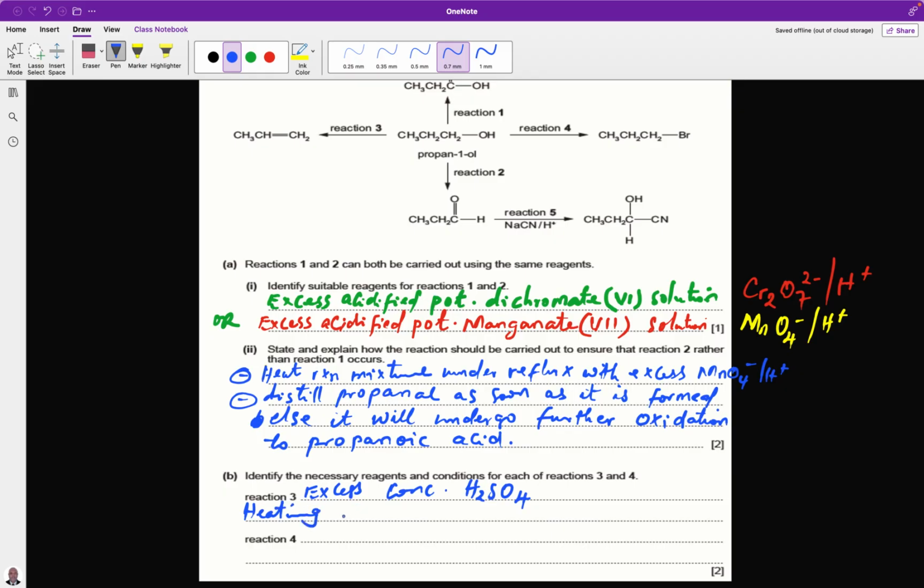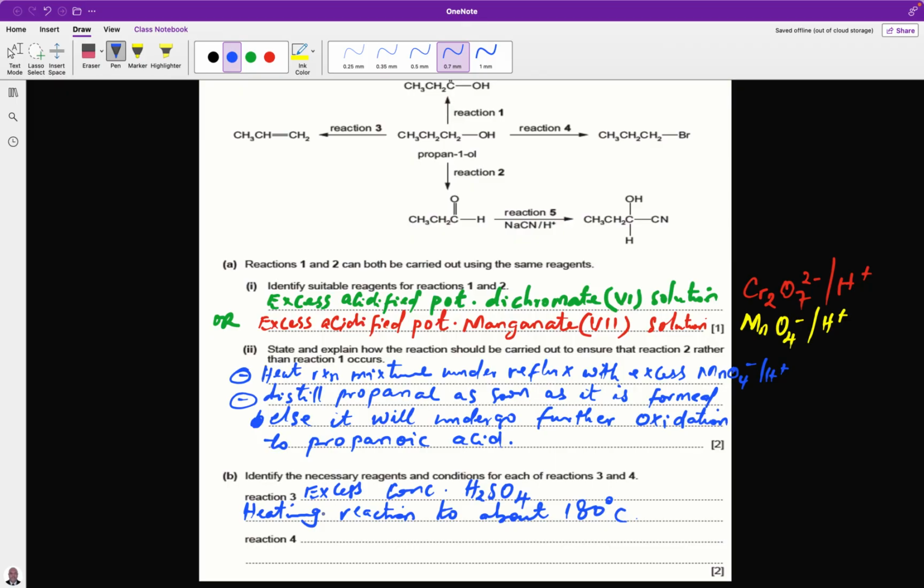Heating the reaction mixture to about 180 degrees Celsius.